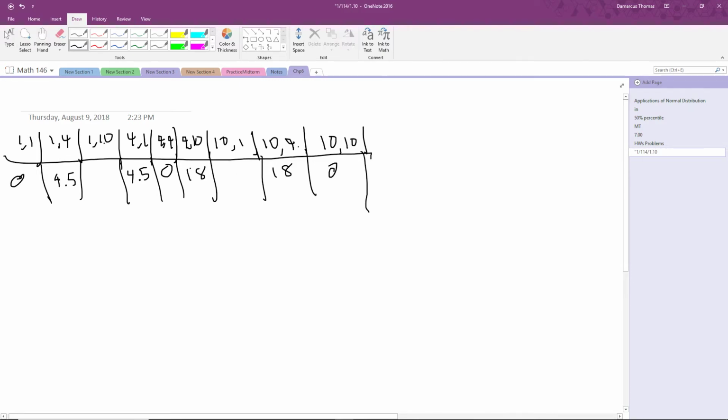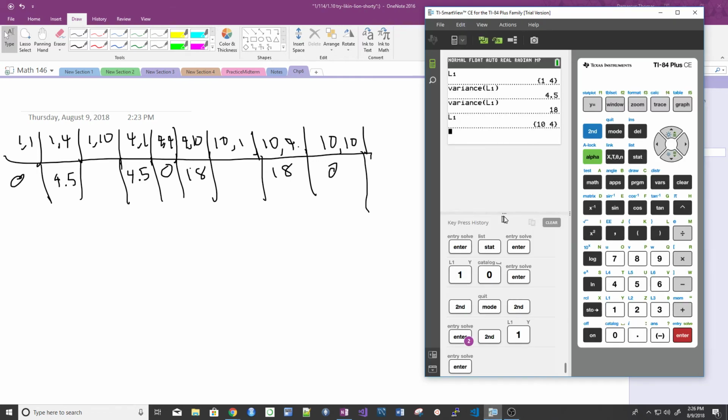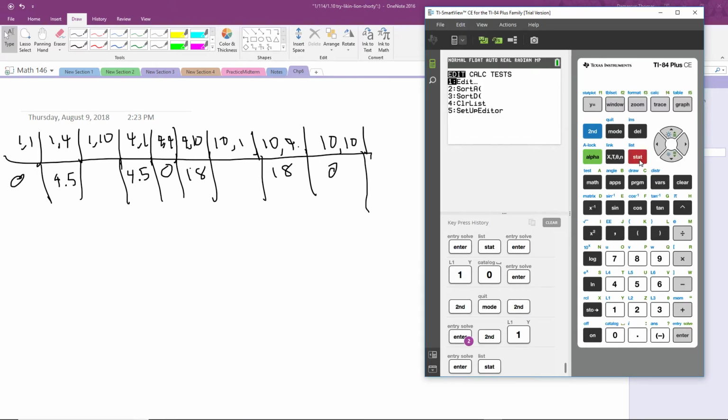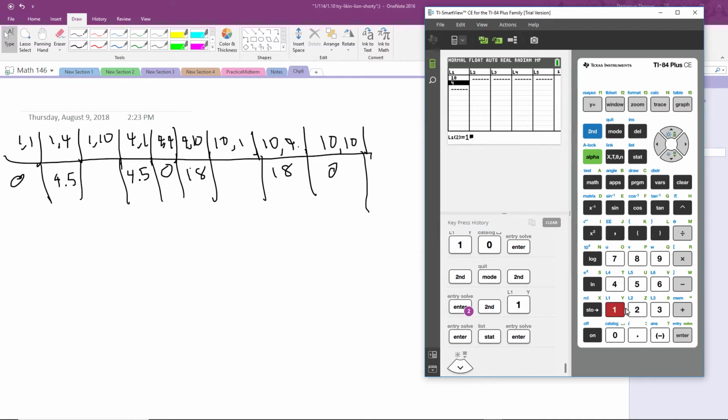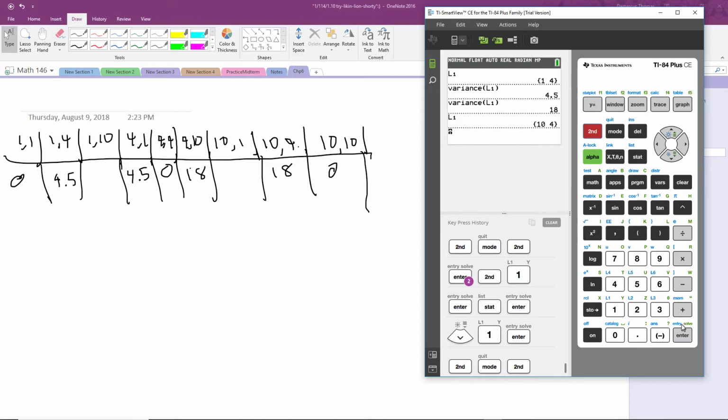So now let's do 1, 10 and 10, 1. And then we'll create our sampling distribution. We're almost done. So we go to stat. We go to edit. And we need 10, 1 this time. And just do a second.